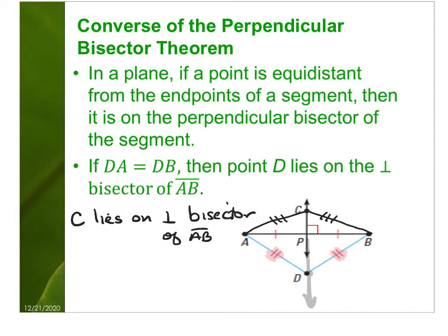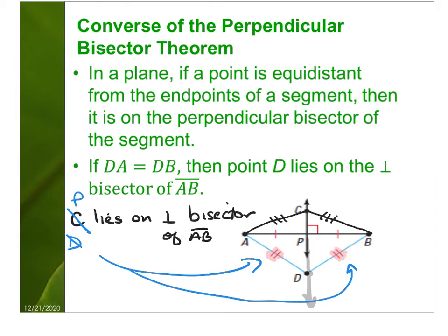I could also change this letter and say from this picture that point D lies on the perpendicular bisector of AB, again, because of these congruency marks. Because they are equidistant from the endpoints, I know that D is on that perpendicular bisector. I could say the same thing for P. I could also change this letter and now say P lies on the perpendicular bisector of AB, because notice it's the same distance to the endpoints.